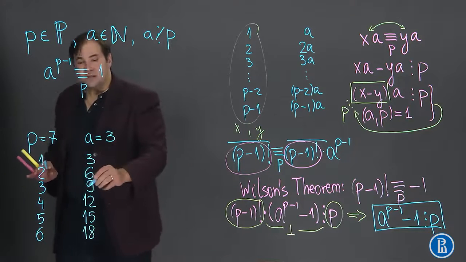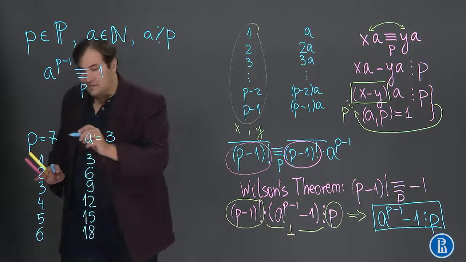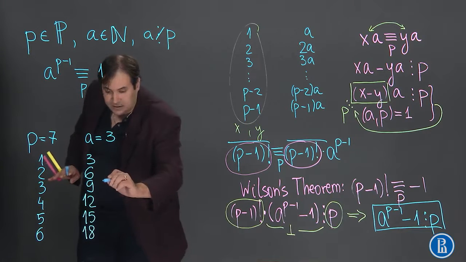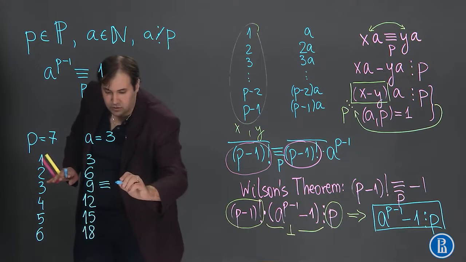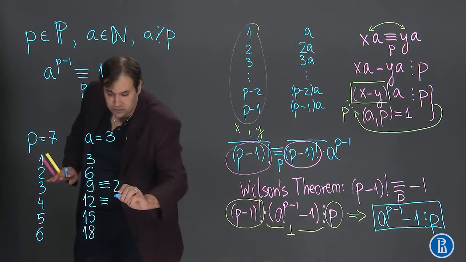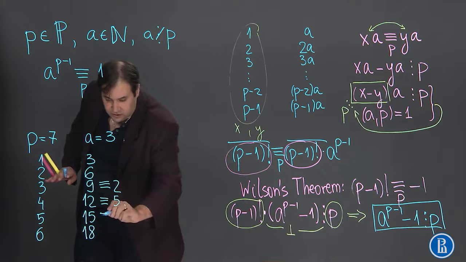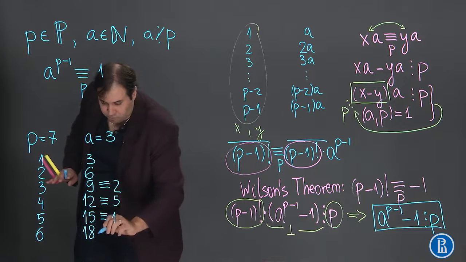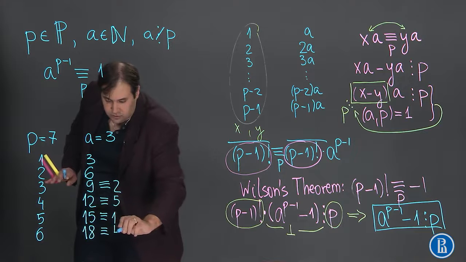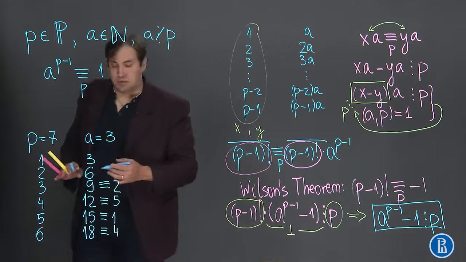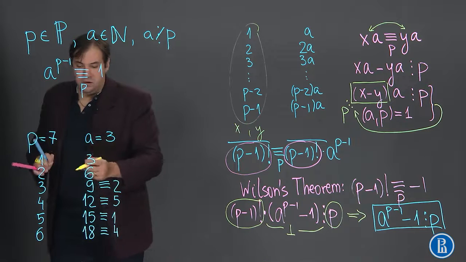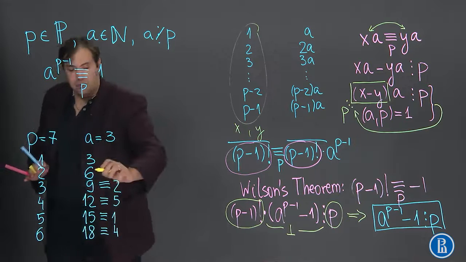And now consider remainders of this second column, modulo 7. So, well, 3 is 3, 6 is 6, 9 is congruent to 2, 12 is congruent to 5, 15 is congruent to 1, and 18 is congruent to 4, because 14 is divisible by 7. And now we actually see that all these remainders are present here.